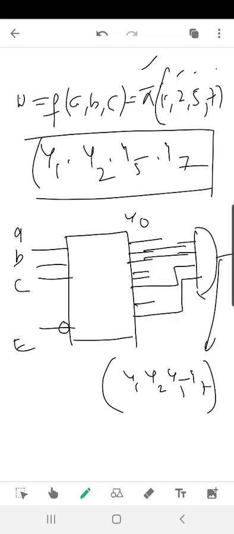Now another type of problem which arises during the implementation of these functions: in the question it can be given that we need to implement a POS expression using an active high decoder. What will we do then?